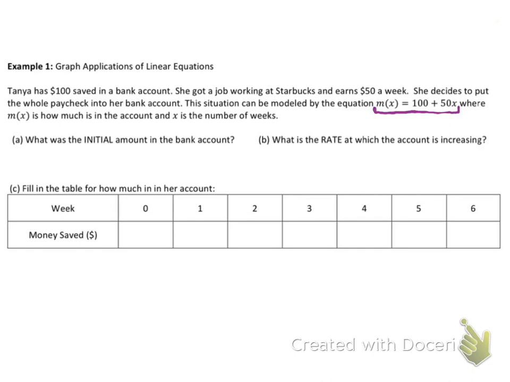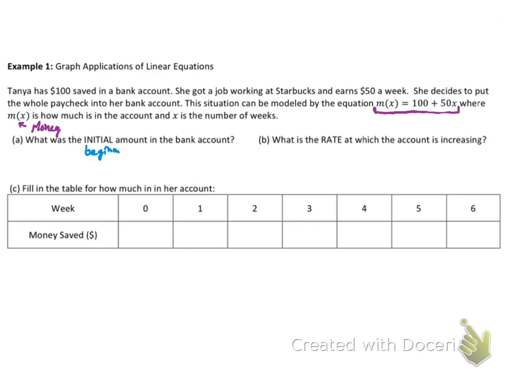Okay? So this next part is going to tell us what each part means. M of x is how much is in the account. So this is the money. And x is the number of weeks that have passed. So first, we got to understand what these numbers are. The initial amount in the bank account, initial is going to be the beginning.